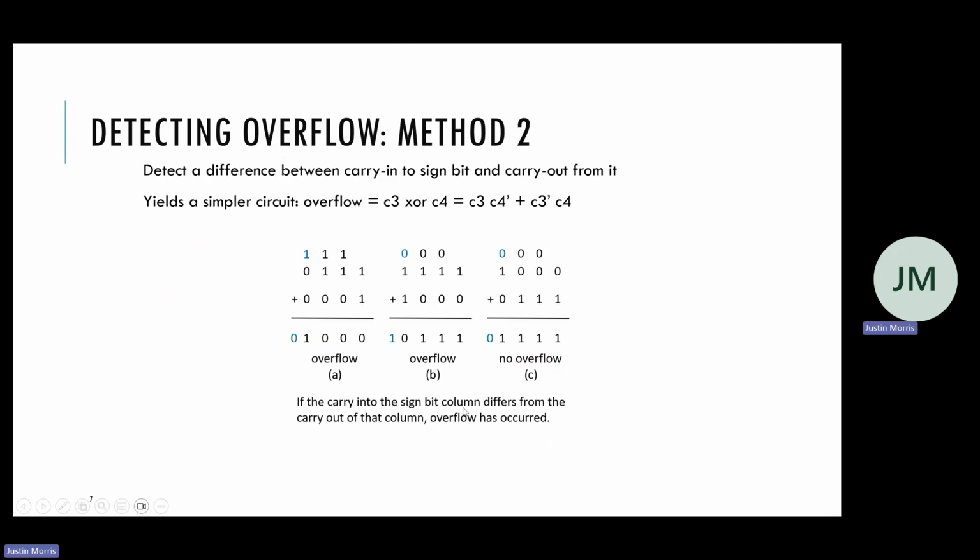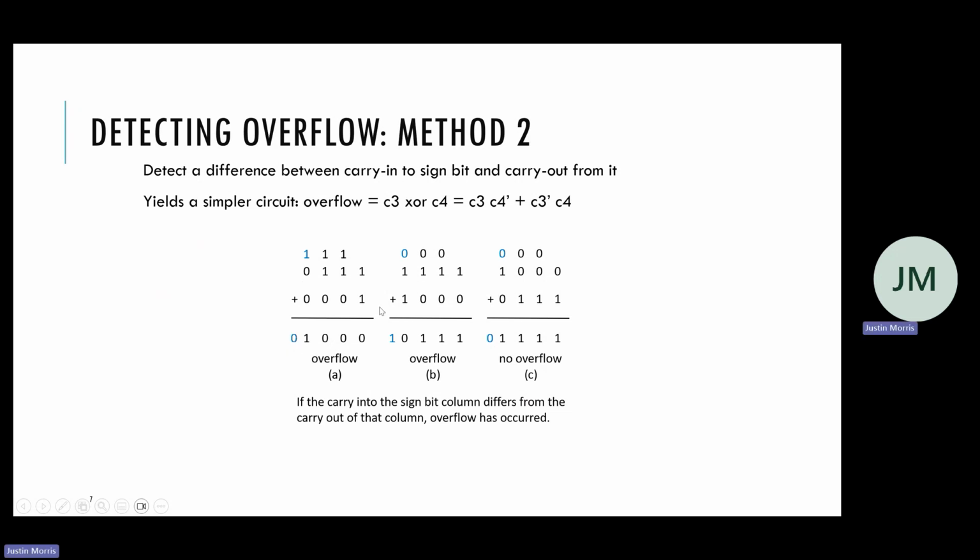Okay, so here is the other method, which is more efficient than checking the sign bits. We can just detect the difference between the carry in to the sign bits and the carry out. So our overflow equation would just become the XOR between the most significant carry in and the carry out.